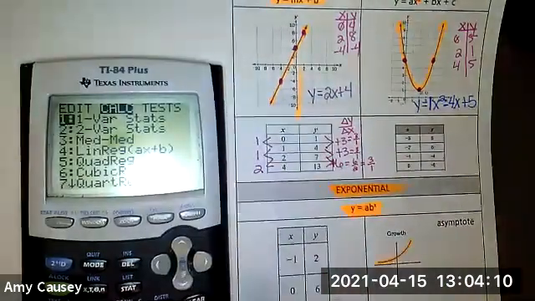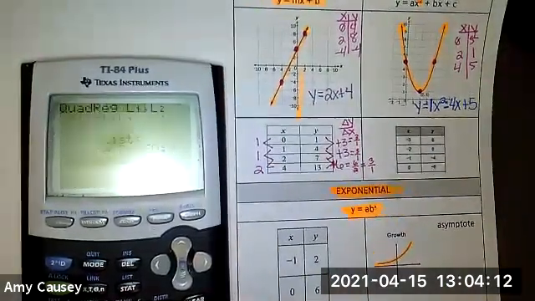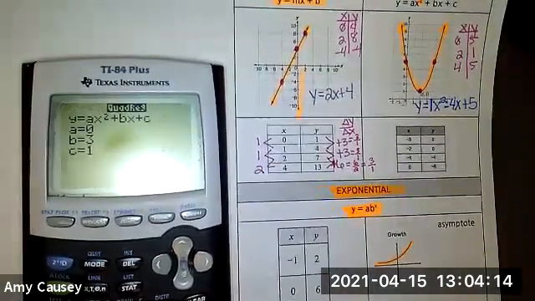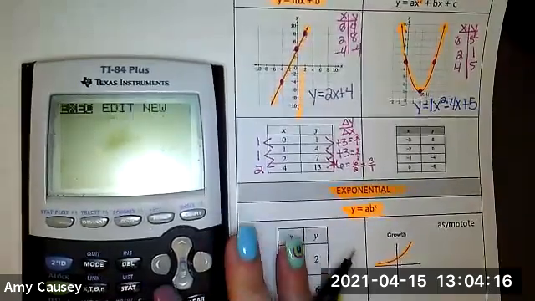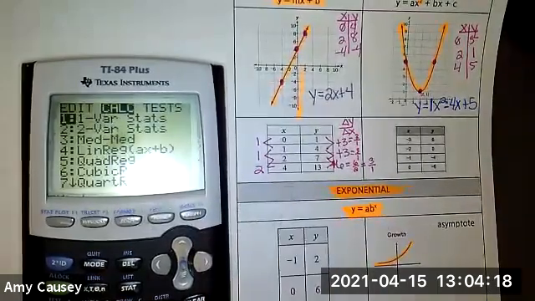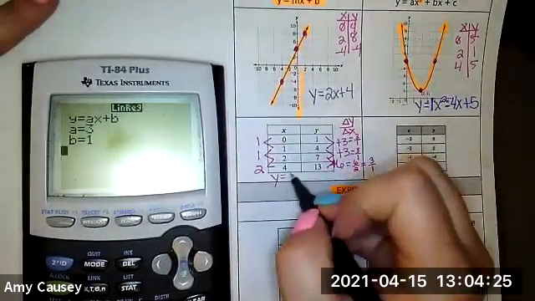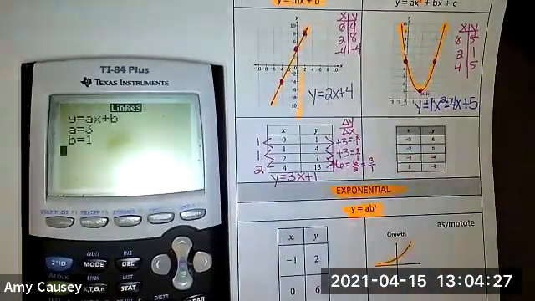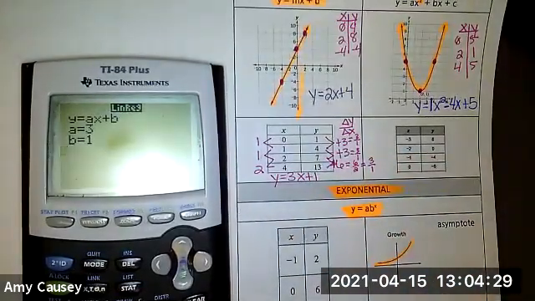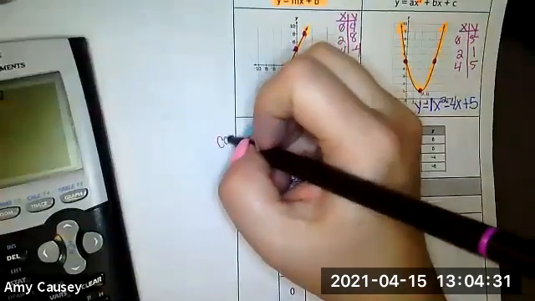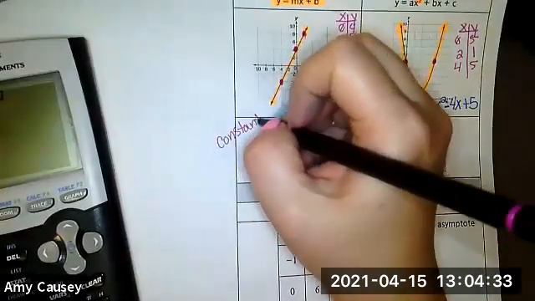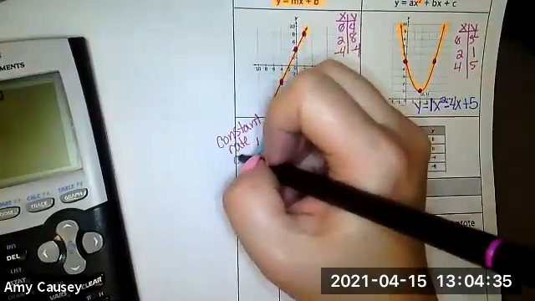If I accidentally hit number 5, watch what happens. It gives me an answer, but it's not the right answer because this is not a quadratic. This is a line. So this is the answer I'm looking for: y equals 3x plus 1. So that constant rate of change is what tells you that it's linear.